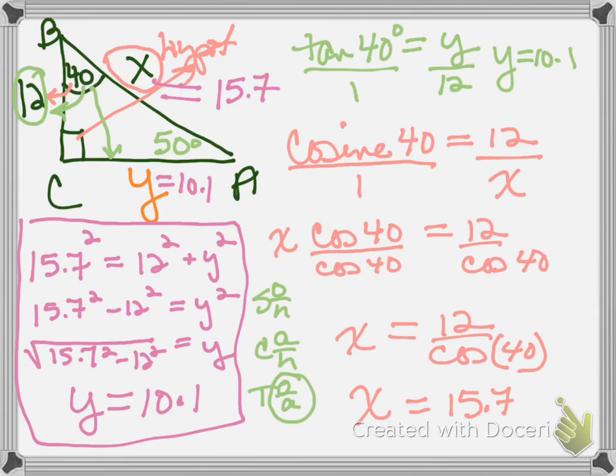And I have completely solved this triangle. Okay? So that was using SOHCAHTOA to get missing sides and subtraction to get a missing angle. Okay, we're going to do one more of these, and we're going to use SOHCAHTOA to find a missing angle, and I'll show you how to do that.